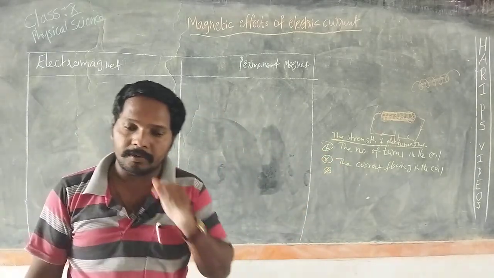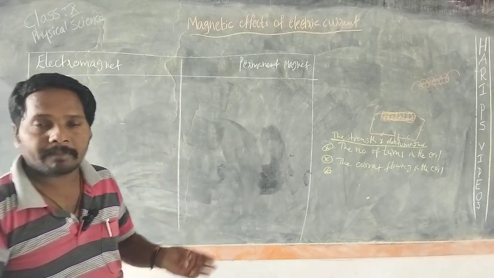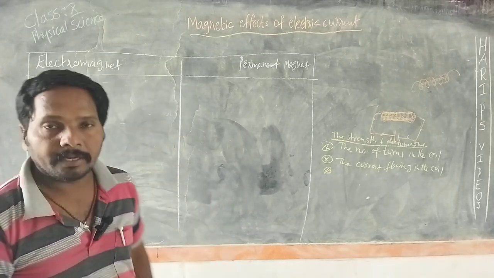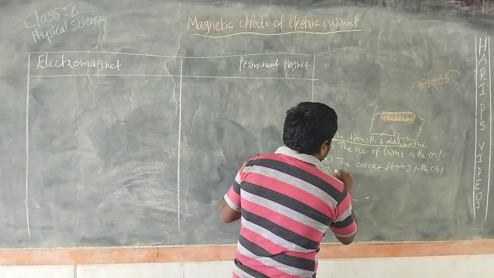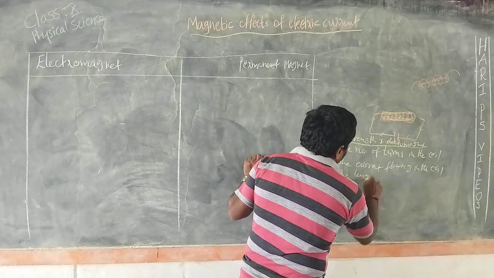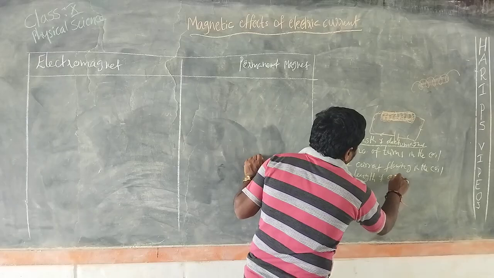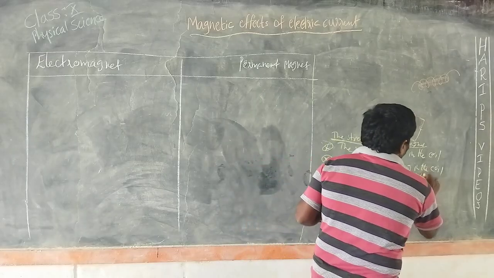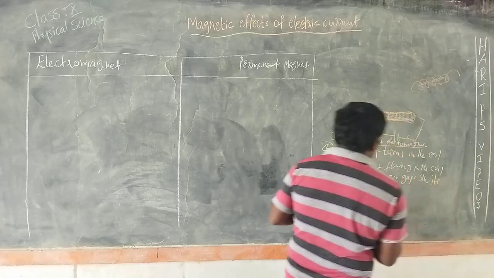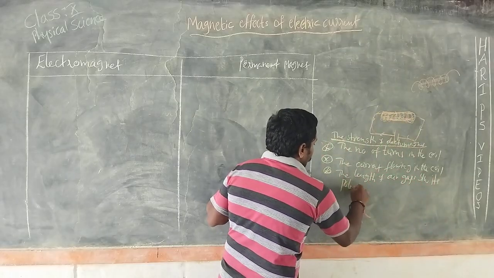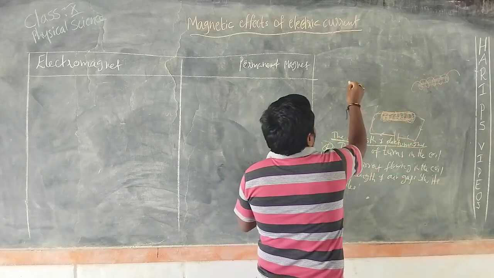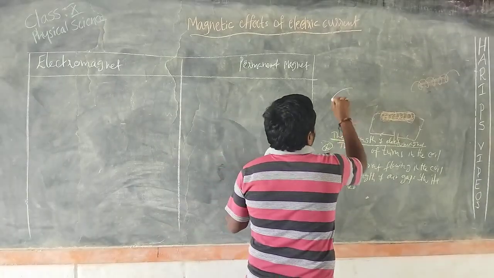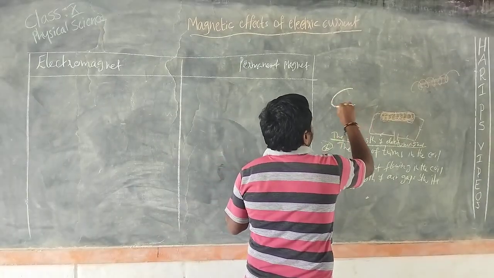The third one is the length of air gaps between its poles. For example, this is soft iron.